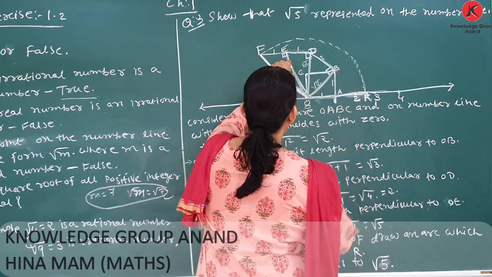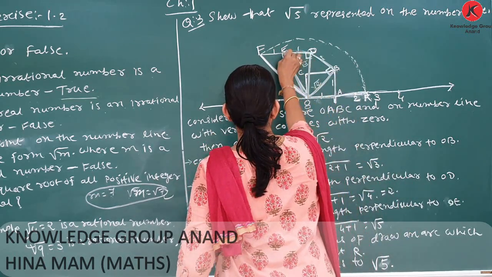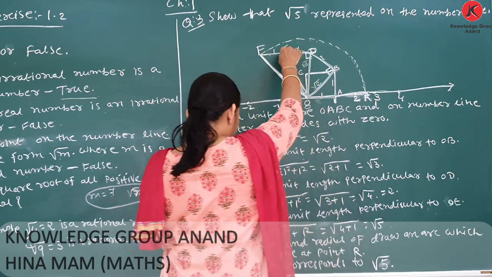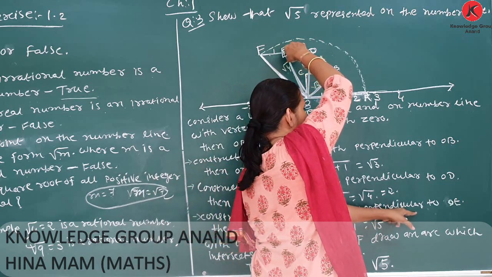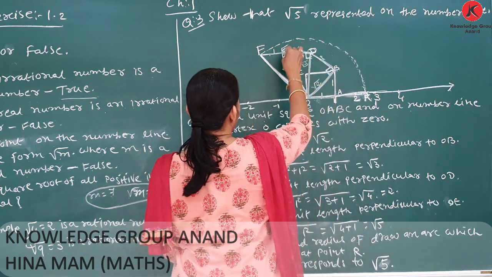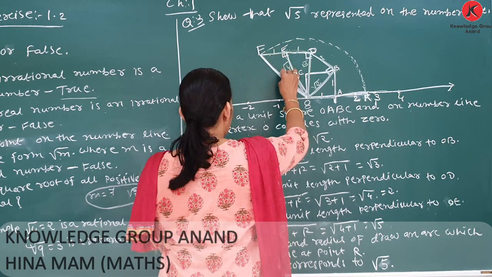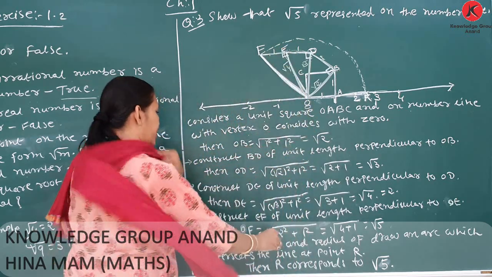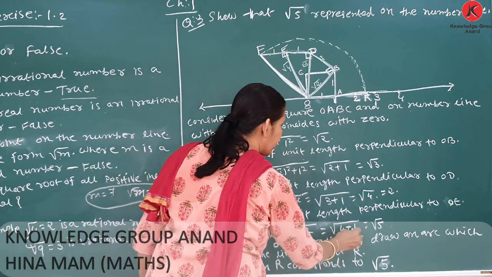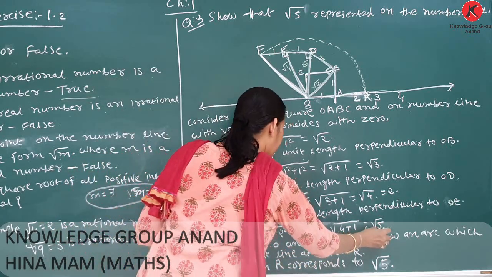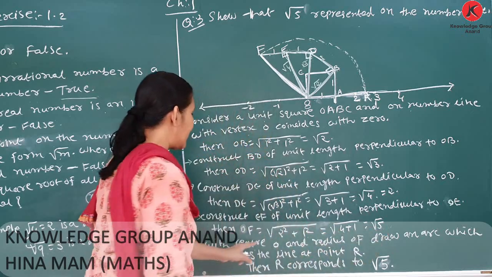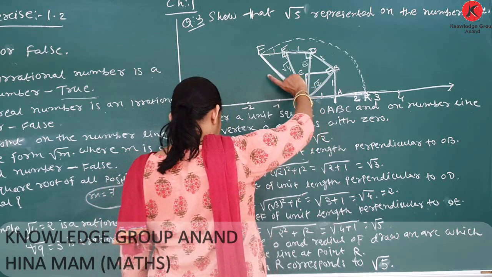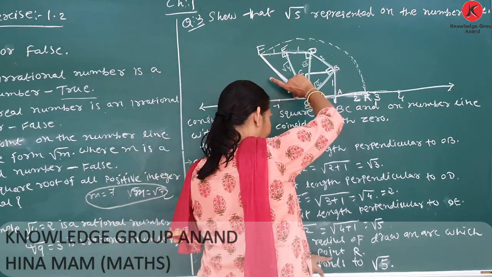Then EF of unit length perpendicular to OE. Then we find OF. OF is equal to root 4 plus 1, which is root 5.